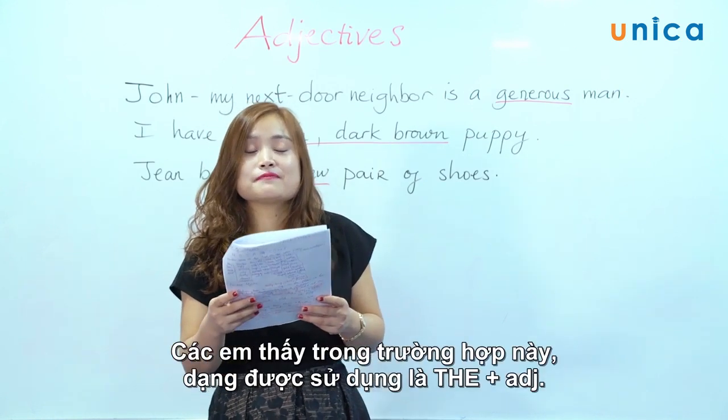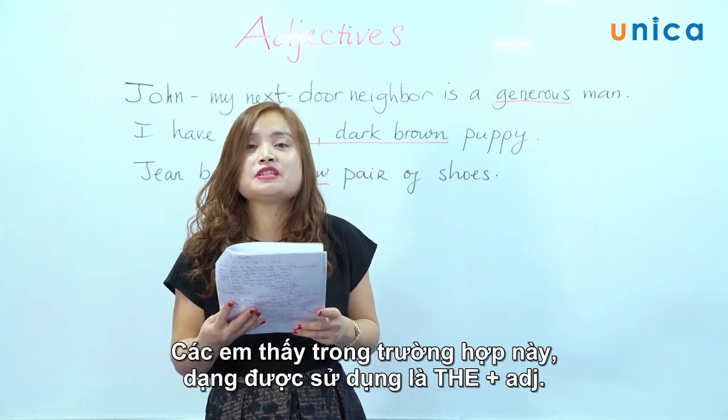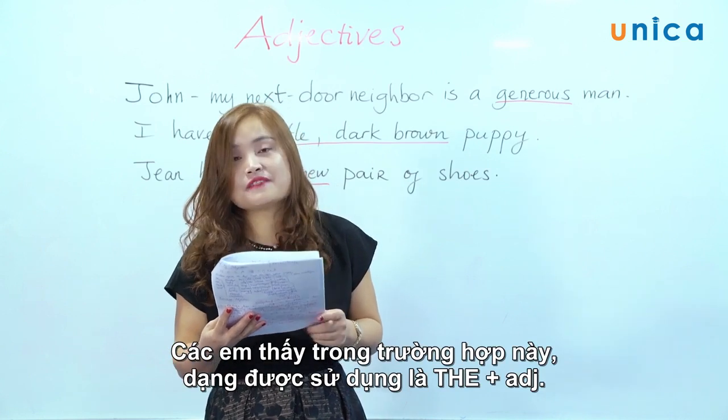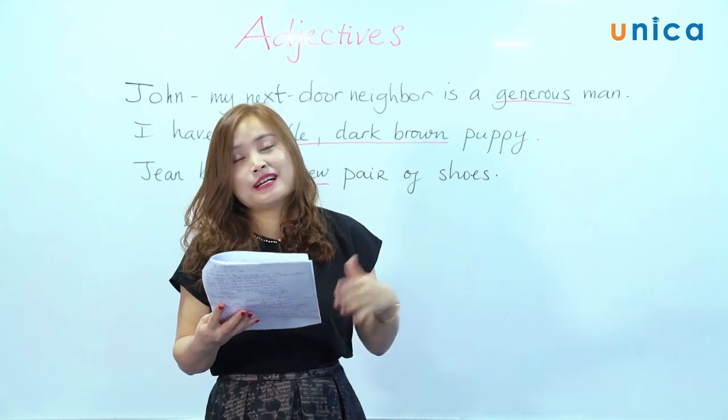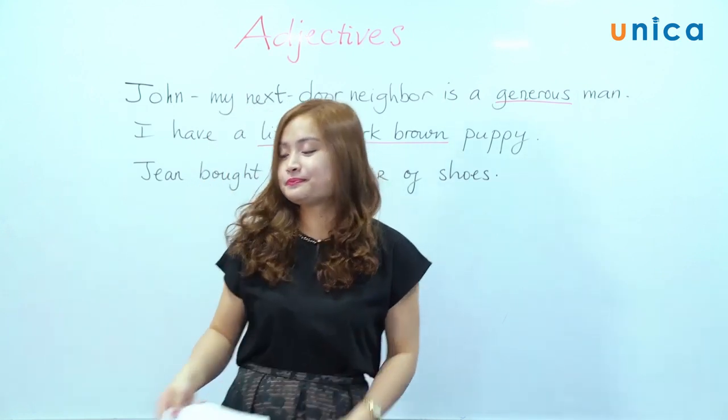Alright, so you see the main formula in this situation. You just simply use the article the, and after that you put an adjective, so that it can become a noun. Okay, that's great.